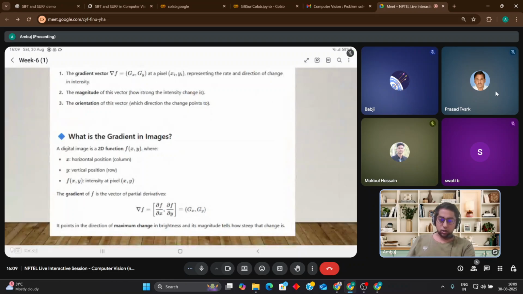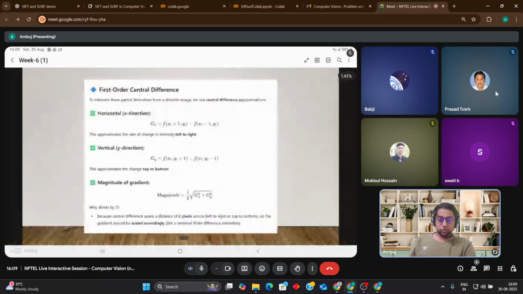Then we use the first order central difference to estimate these partial derivatives from a discrete image. We will use the central difference approximation: gx is f of xi plus 1, yi minus f of xi minus 1, yi.